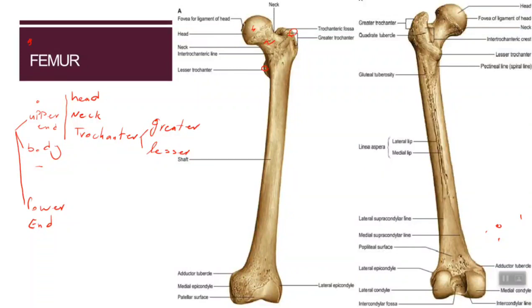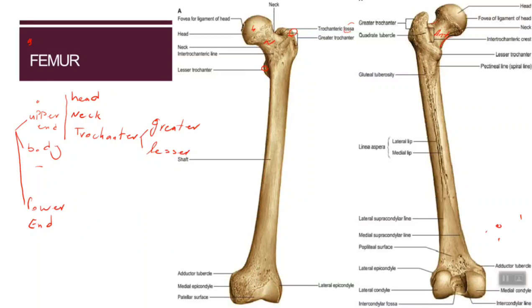It has two borders and two surfaces. In this picture, you can see the anterior surface of the neck here, and on the opposite side is the posterior surface, with upper and lower borders.